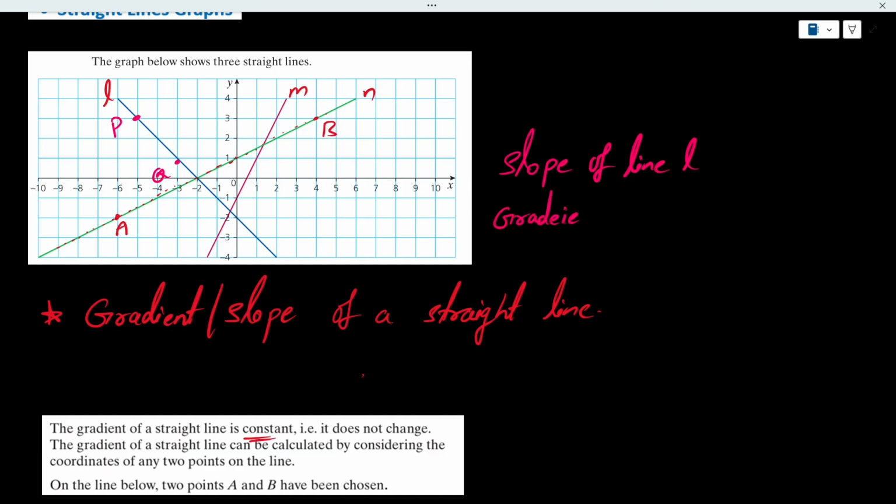If you need to find out gradient of PQ, you know that how much is the rise here? Rise, if you will see, it is the vertical distance and then the horizontal distance. Now, if you will see from P to Q, because I have written, you can go Q to P or P to Q. Any 2 points on line L, you can take it to calculate the gradient because it is constant.